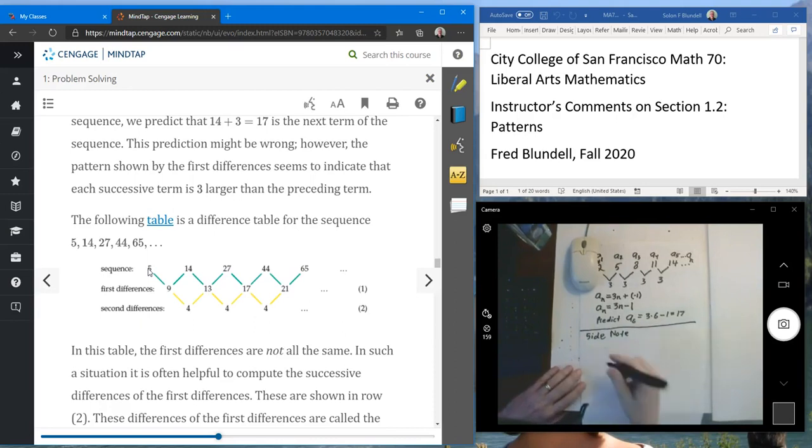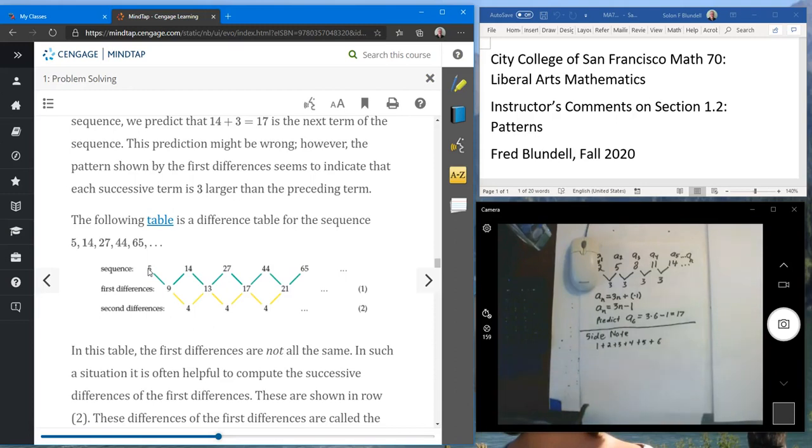So if you want to add up some numbers, let's say we want to do 1 plus 2 plus 3 plus 4. We'll just add up the first 6 natural numbers. There's a little trick you can do.